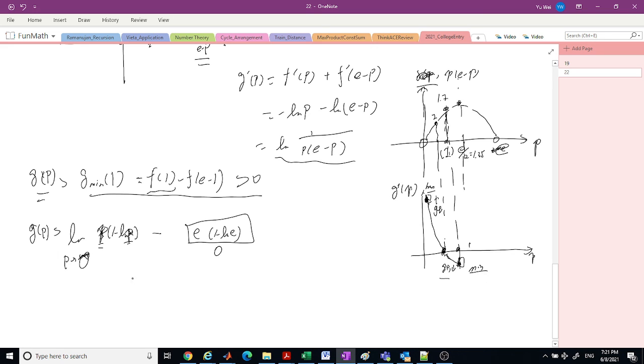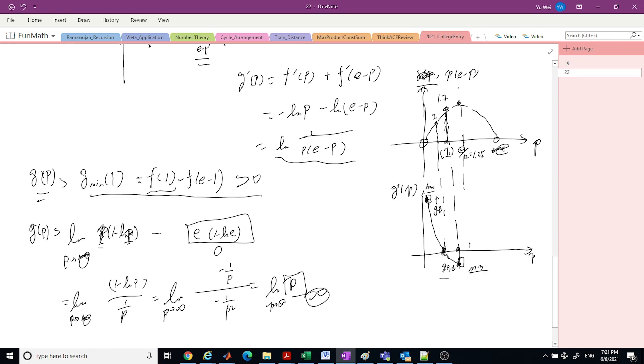Because this part has infinity, we have to use the limit of p approaching 0. Then this one is (1 minus log p) over (1 over p), equal to the limit as p approaches 0. We take the derivative of the first one, and the derivative of the second one is negative p squared, so it is p approaching 0 and p, right? So you can see p is greater than 0, right?